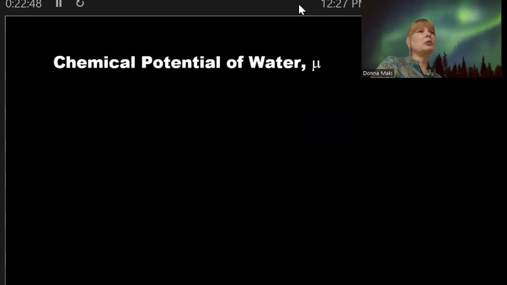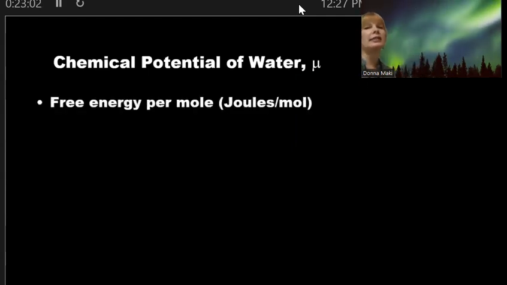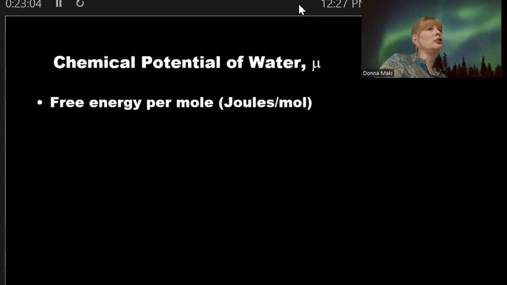You can do those kinds of measurements if you want. And I'm just going to introduce this idea very quickly. You probably had this in some of the intro chem classes. So the chemical potential of water, when you define that, is the free energy per mole, the joules per mole.